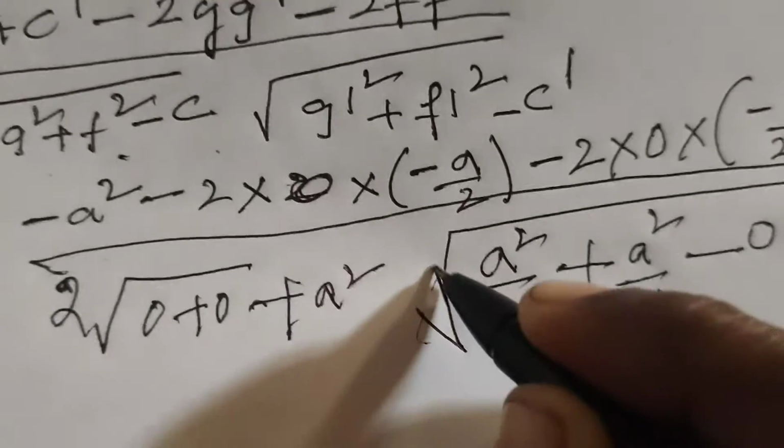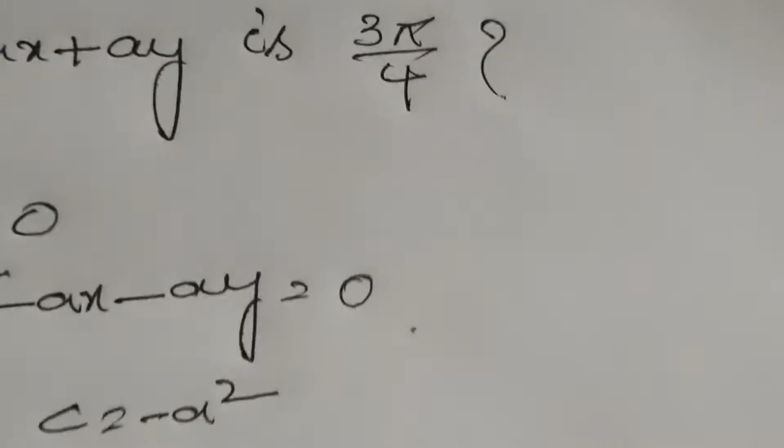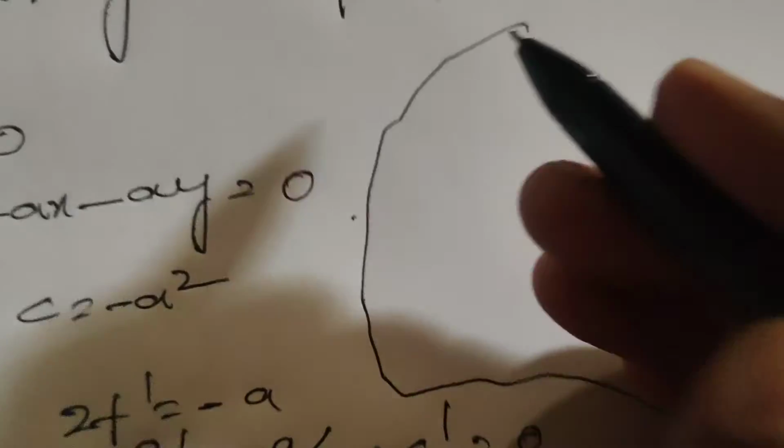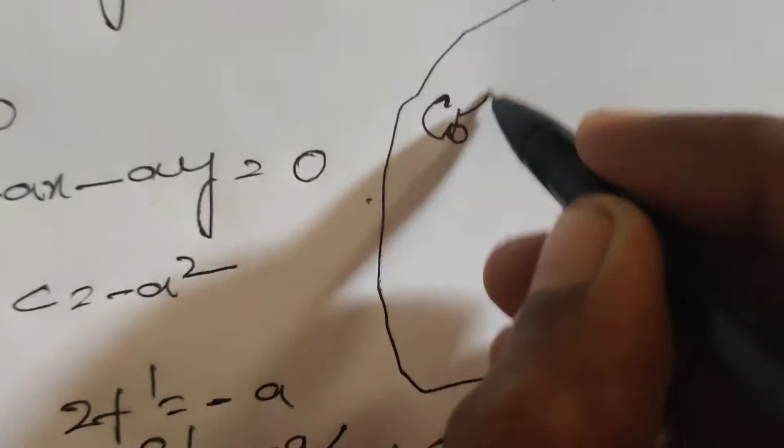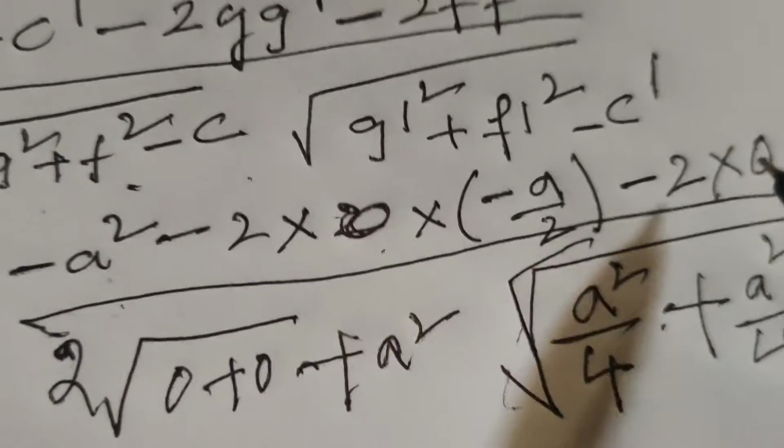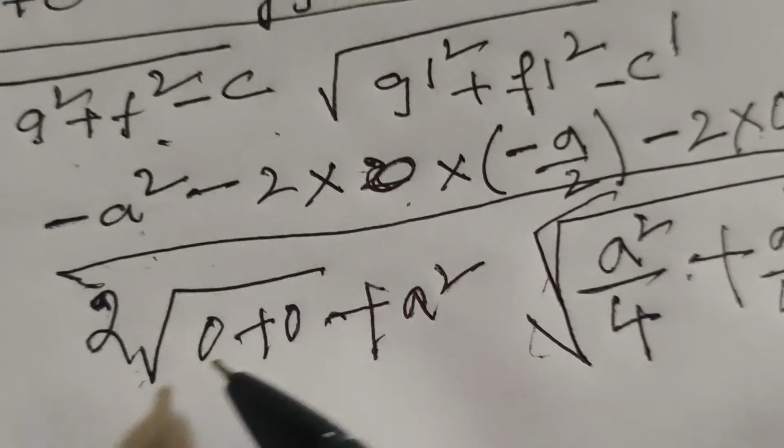After simplification, cos θ equals the numerator, only −a² remaining since the rest is 0, over 2√(a²).